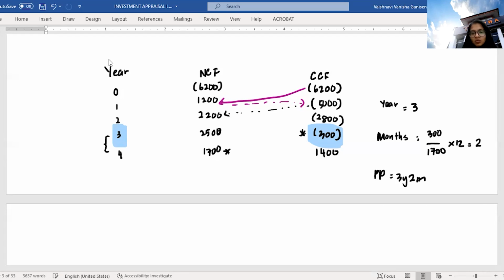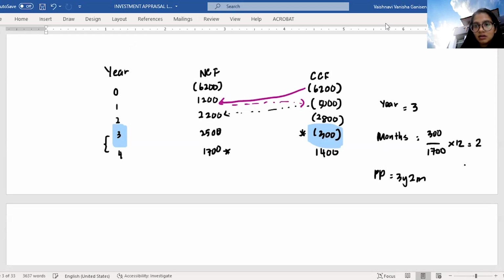Now, if your examiner wants it only in years, you don't have to multiply by 12.